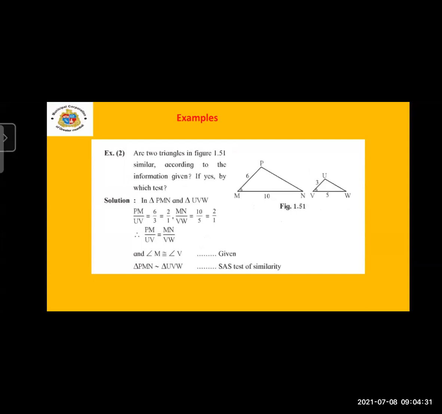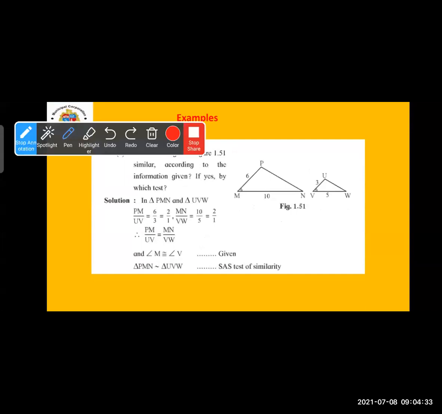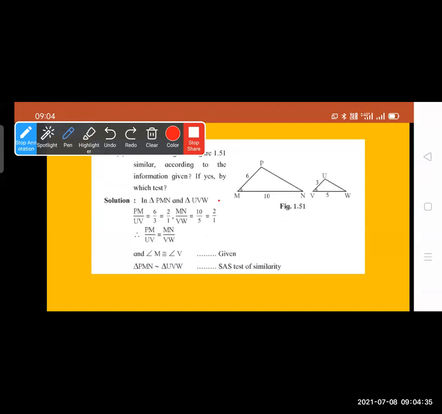Now see, first we write triangle PMN and triangle UVW. Then we take the ratio of their corresponding sides, PM by UV. PM is equal to 6 and UV is equal to 3. 3 ones are 3 and 3 twos are 6, so you will get 2:1.